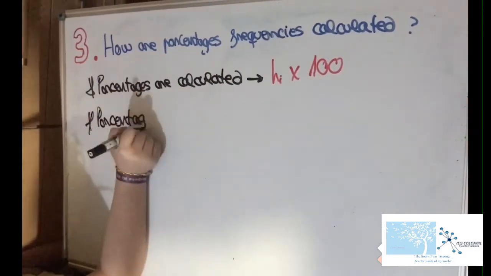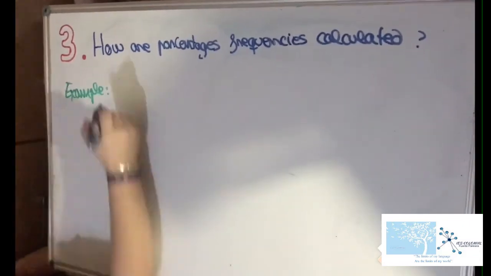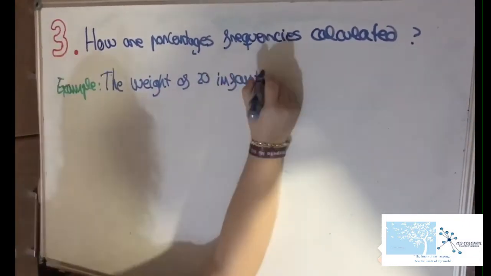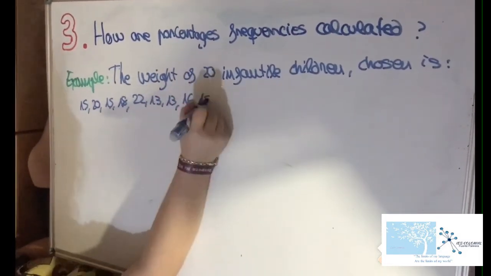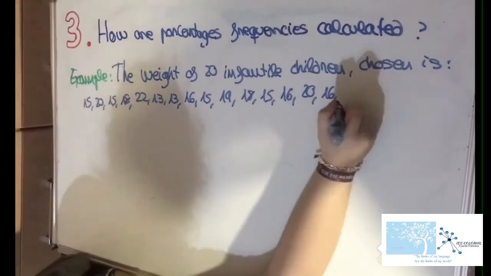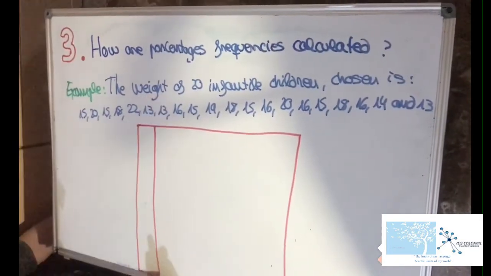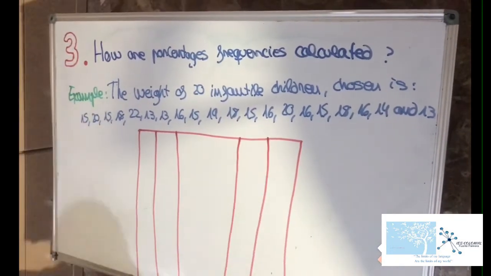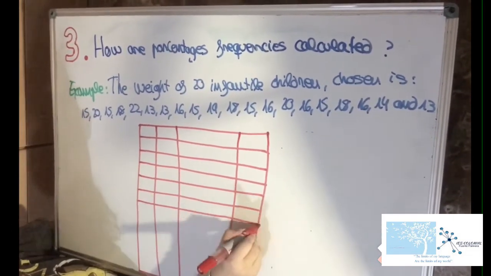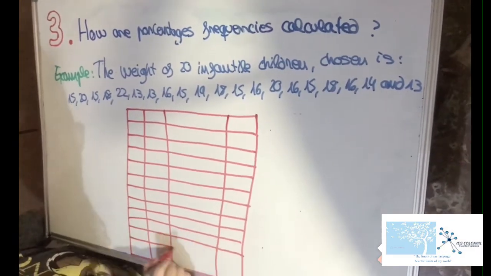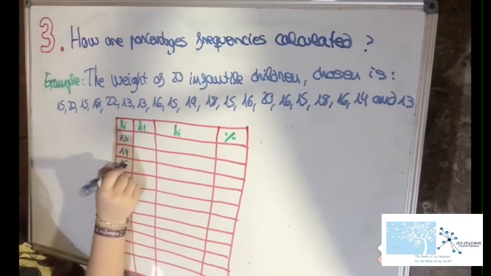The percentage is denoted by the percent symbol. Let's see an example. The weight of 20 infant children chosen at random is. With this data, we will build the frequency table. First, we put the variables.